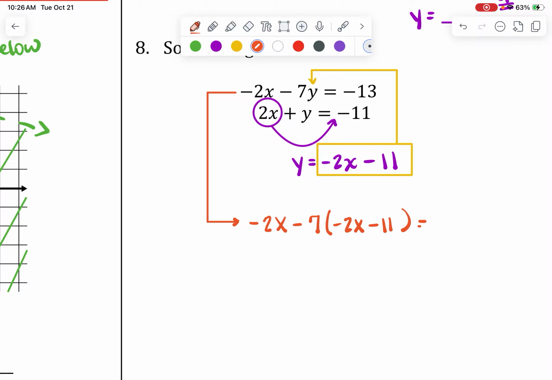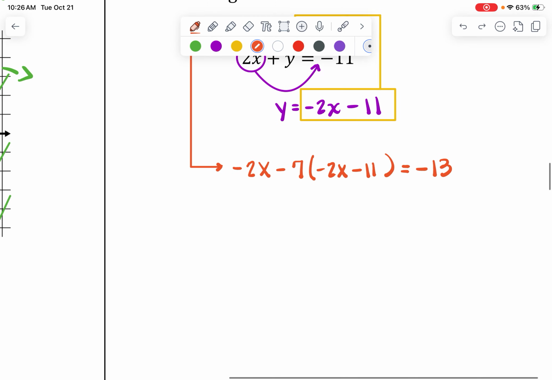And then don't forget to finish it off and bring down your equals -13. So all I've done is rewrite that top equation, substituting that -2x minus 11 in for y. And the reason we do that is because now I have an equation with only x's, and that is an equation that I can solve.